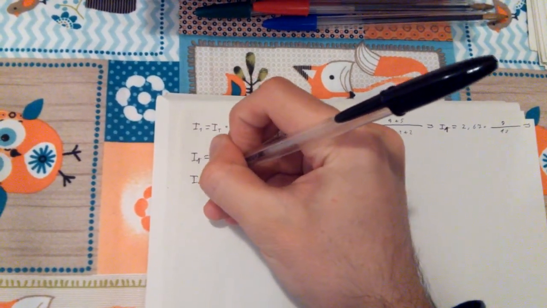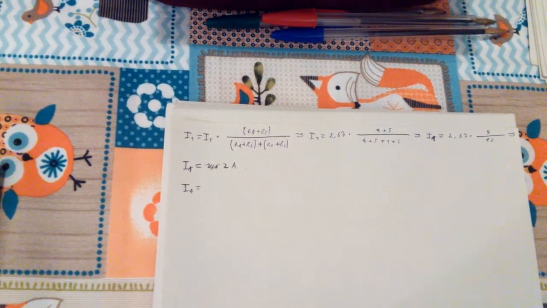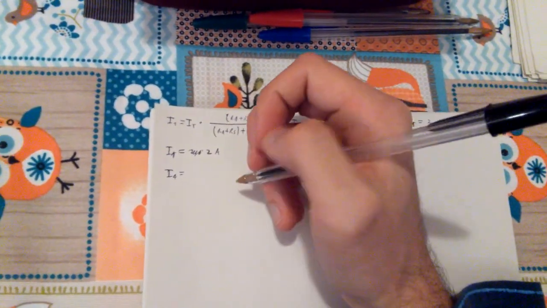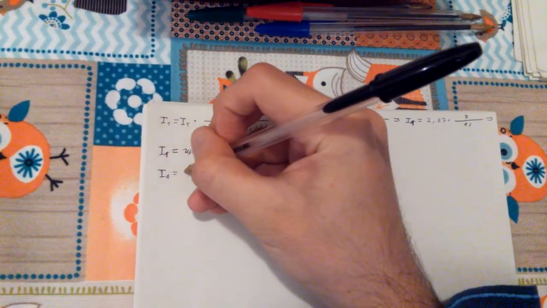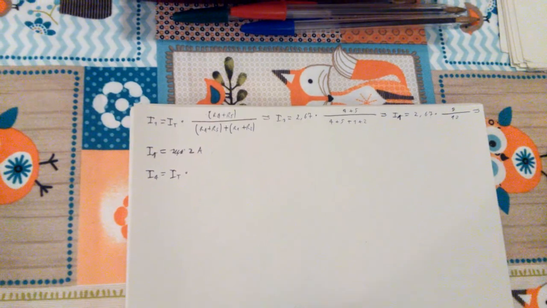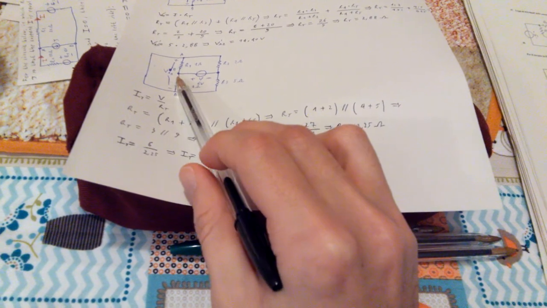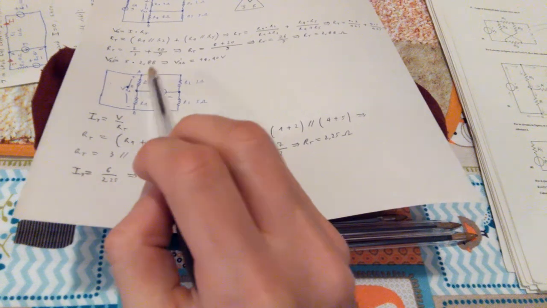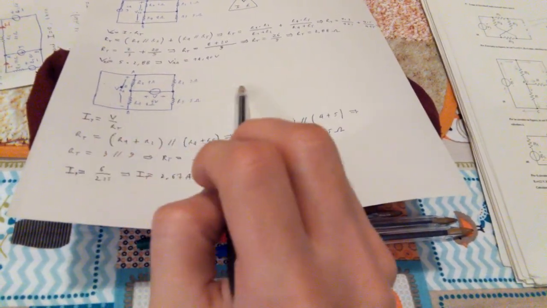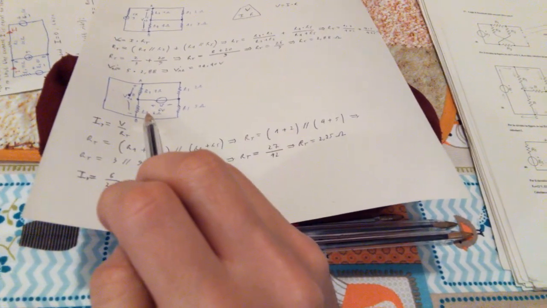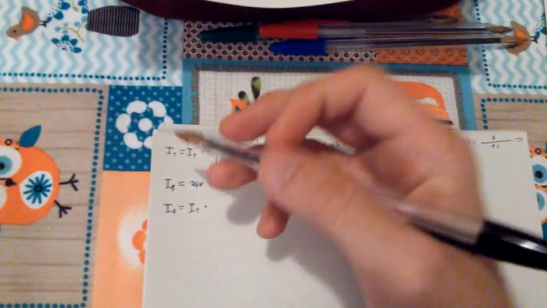So I4, yeah, some mathematicians are screaming, like, no, we should keep those. Anyway, I4 is going to be a subset of IT, so I total times, and in this case I4, so the current on this end is actually going to be R1 plus R2 over R1 plus R2 plus R4 plus R5.